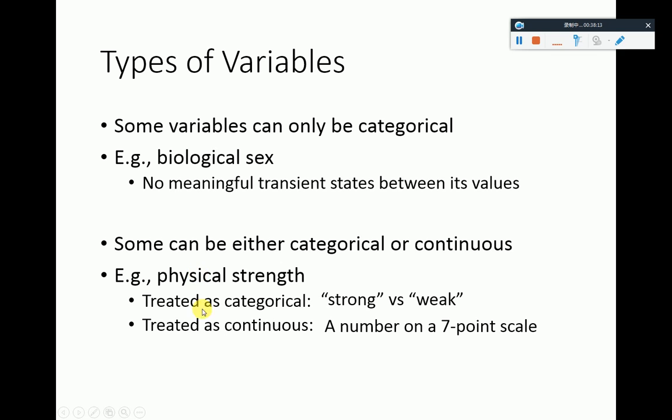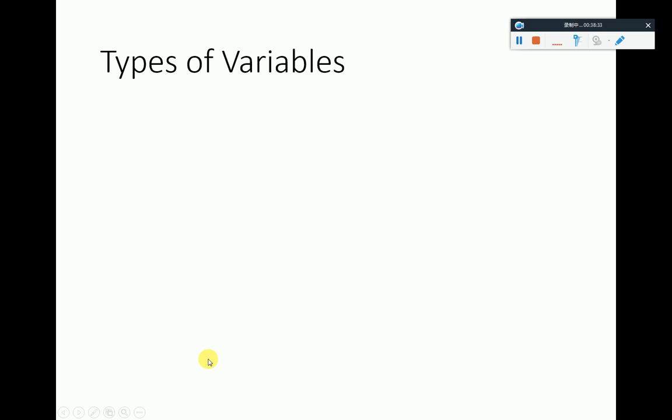But if we treat it as a continuous variable, we can start to assign numbers to them: 1 smaller than 2, 2 smaller than 3, and we imagine that people differ in very finite ways in terms of their physical strength. All right, so that's just a cautionary note, so to speak.